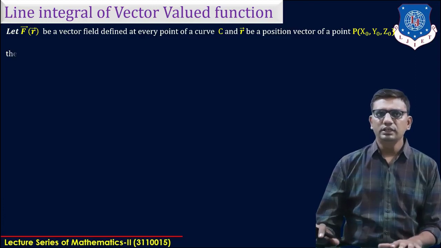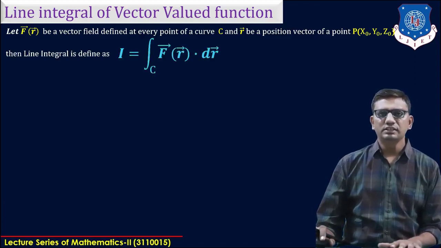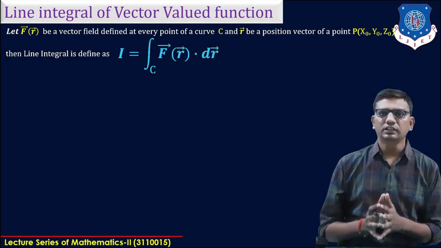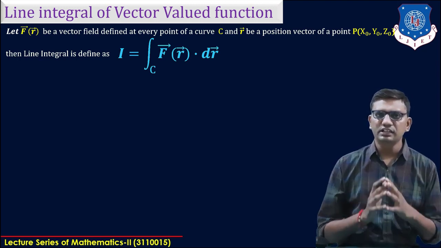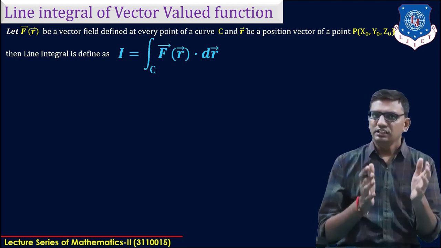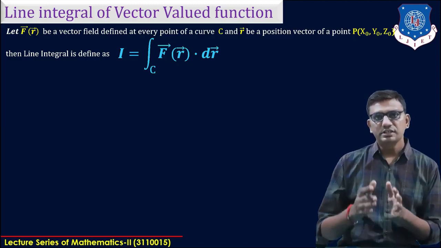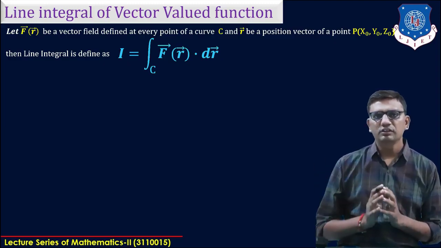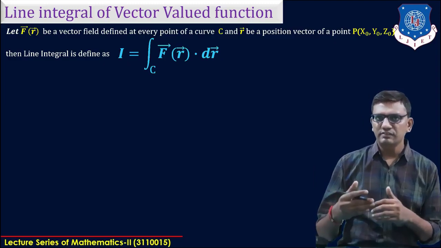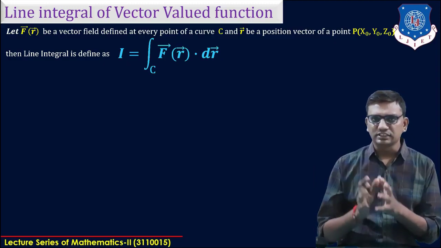Then the line integral of f bar is given by the integral over C of f bar of r bar dot dr bar. Here the line integral contains vector terms, so obviously our integration depends on the direction of the vector, and it is given by the curve's direction.